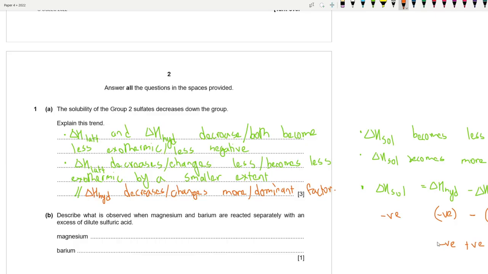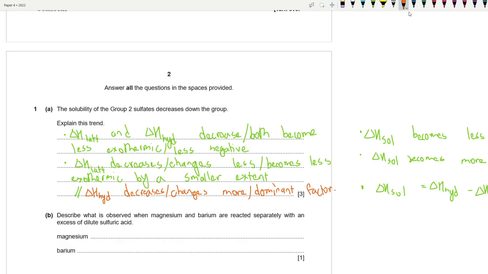Just like Gibbs free energy, it has to be negative for the reaction to be feasible. So if the magnitude of this value is greater than this value, then it will be negative and soluble. However, if lattice has a higher magnitude than hydration, the total value will be positive, which is why it becomes insoluble. That is exactly what happens to sulfates down the group, because both of them decrease in magnitude.